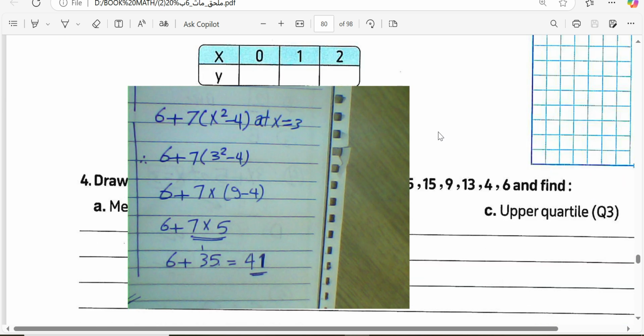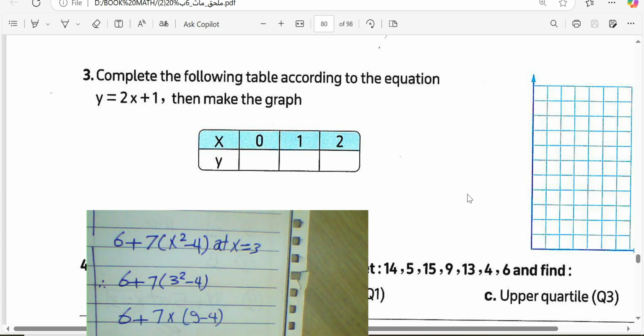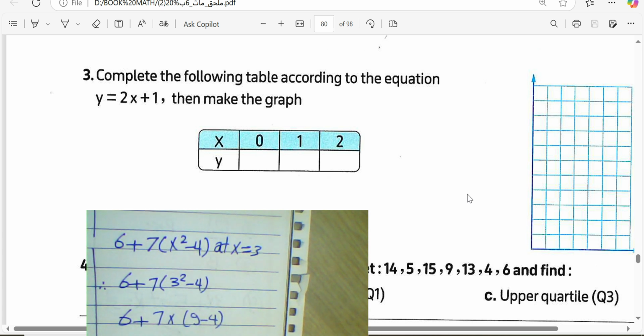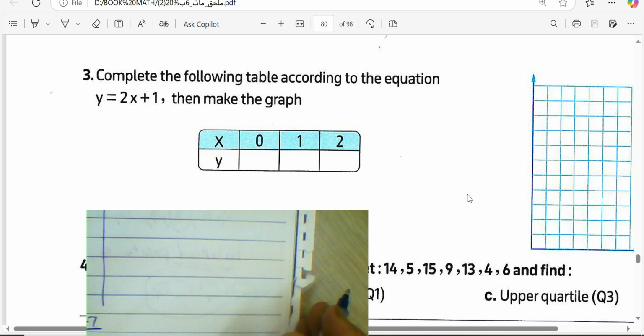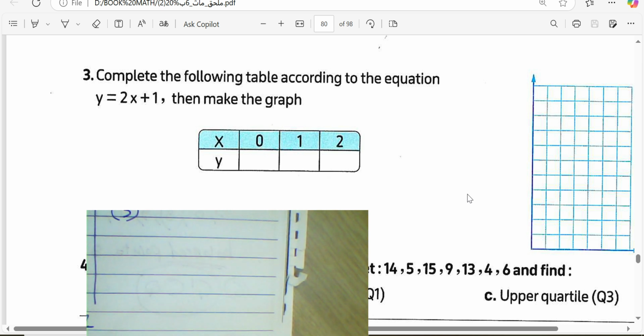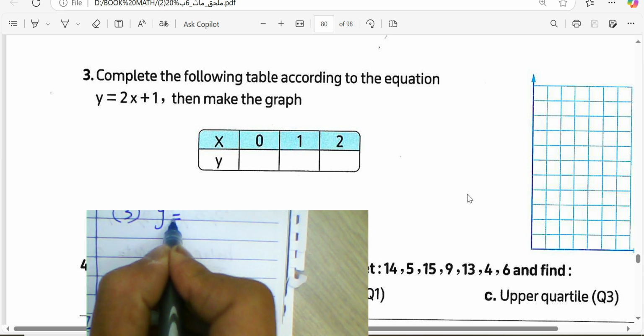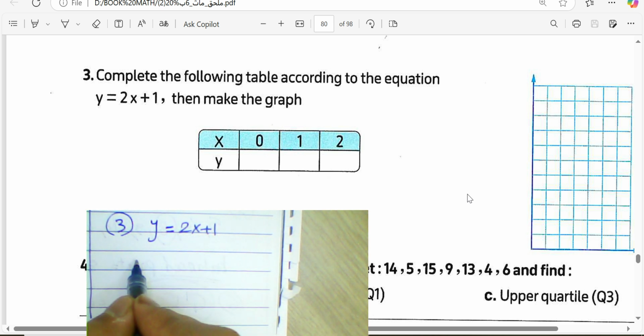Next question. Number 3. Complete the following table according to the equation. We have y equal to 2x plus 1.